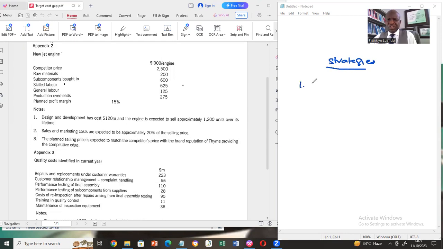One of the strategies is to use standard components when producing the product. The standard components are those components which make a product to be a product. For example, a radio.